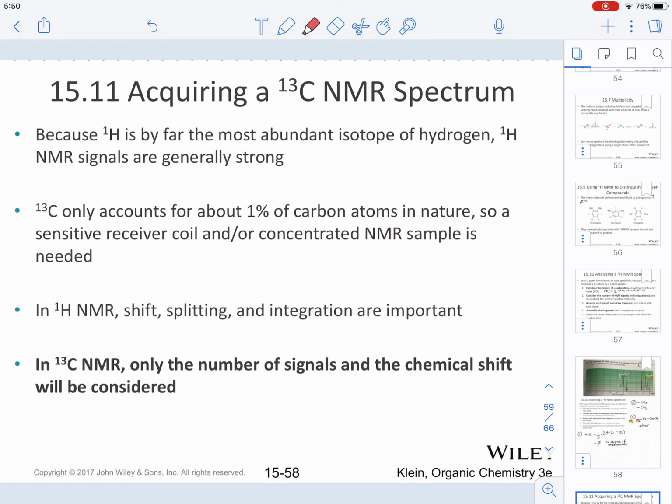When we are doing carbon NMR, we need a sensitive receiver coil and/or a concentrated NMR sample in order to run these experiments. Now, we already observed that in proton NMR, shifts, splitting and integration are important, but in carbon NMR, only the number of signals and the chemical shifts will be considered.